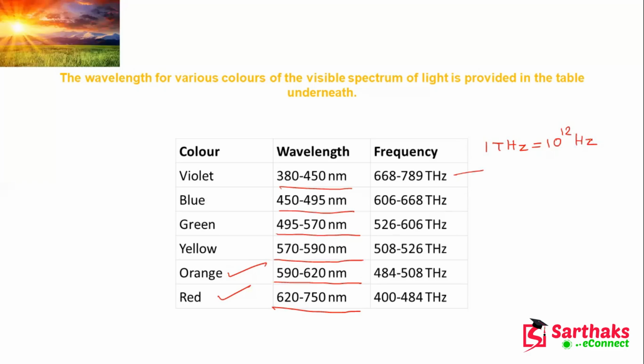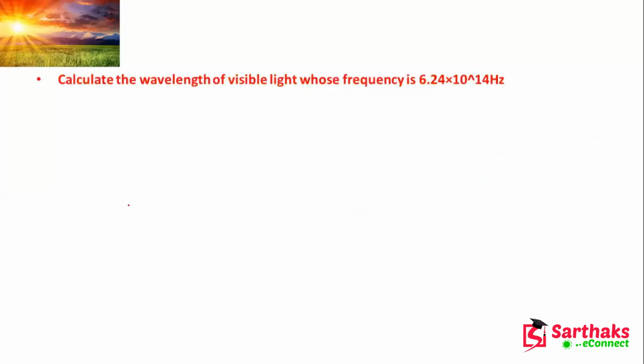You have to know the spectrum of visible light, which is approximately 400 to 700 nanometer in total, with violet starting from 380 nanometer and going up to 750 nanometer at red. We see this spectrum whenever we use the prism: violet, then blue, then green, these regions you can see differently. That we will see next.